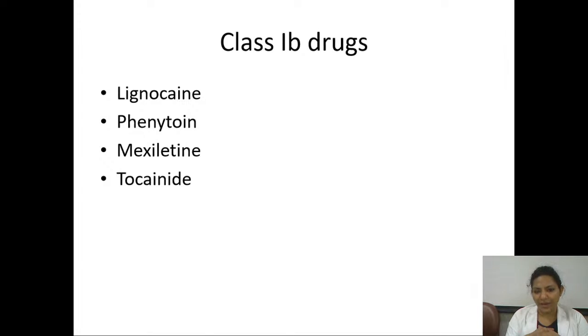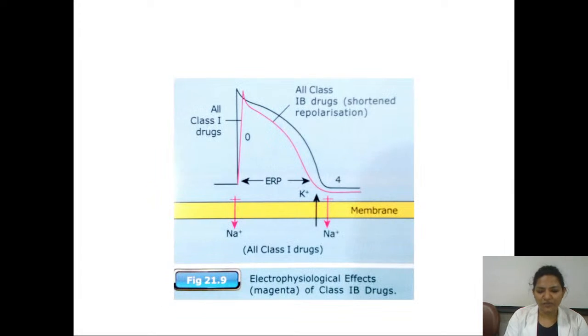Now, class 1B drugs. Class 1B drugs consist of mainly 4 drugs: lignocaine, phenytoin, mexiletine, and tocainide. Now let's discuss each of these drugs in detail. If you have a look at the class 1 drugs, basically all of them were blocking the sodium channels.